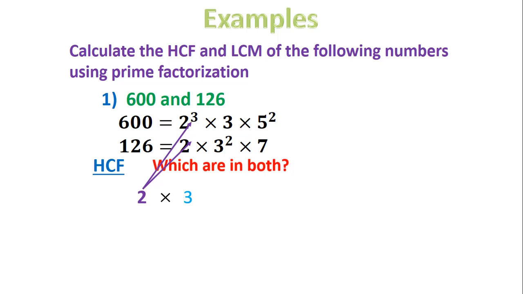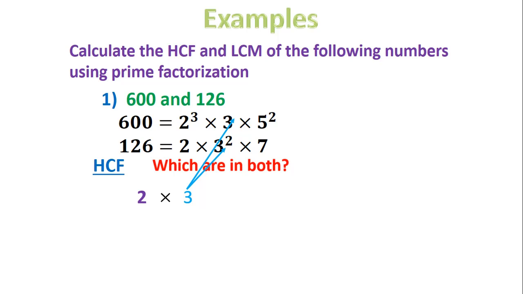Now when we're doing HCF, the trick is to take the lowest exponent. So you've got 2 to the 3 and 2 to the 1. The lowest is 1, and so we just have 2 or 2 to the power of 1. Then times, and now we look at the exponents for the 3 as well.